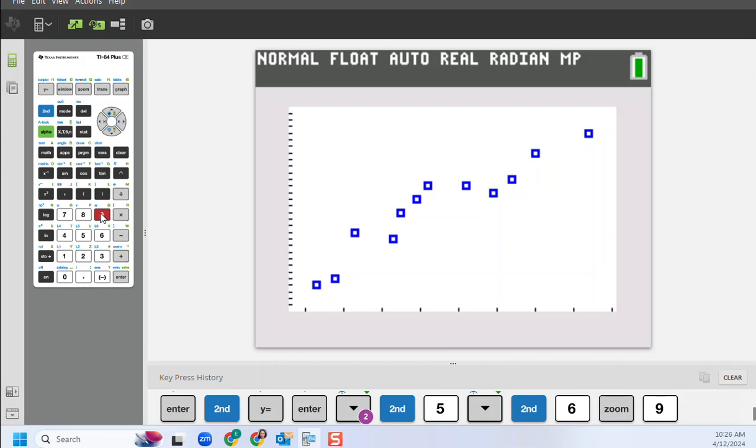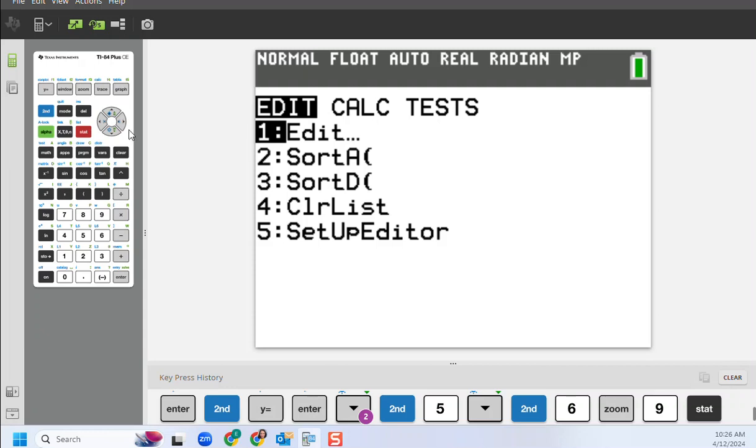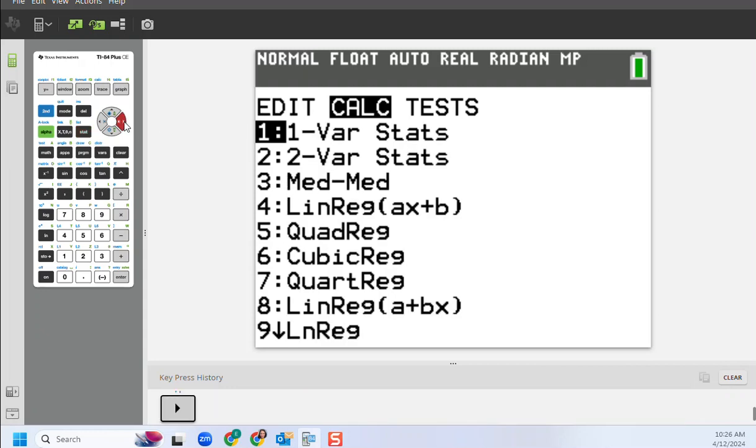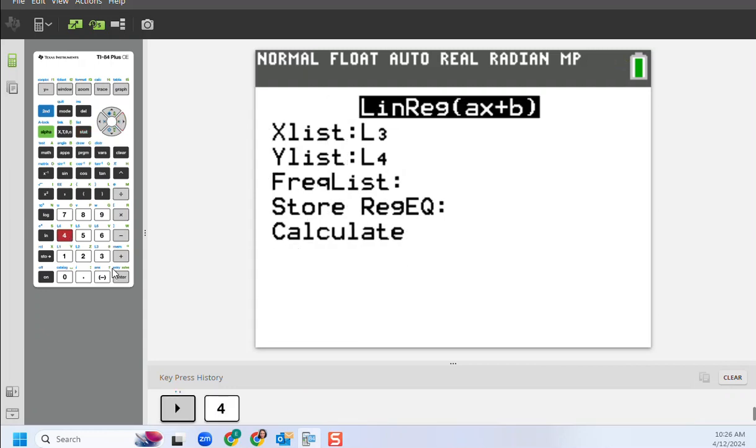I need to make these list 5 and 6, only because that's where my data is. So already my R sub P is 0.943, which is already strong. So I'm not too worried about having to do Spearman's.